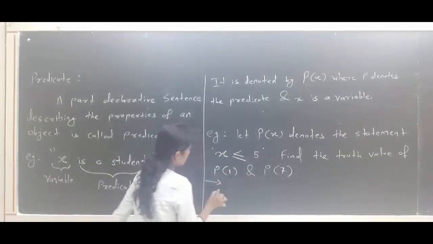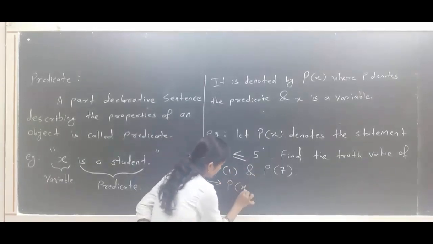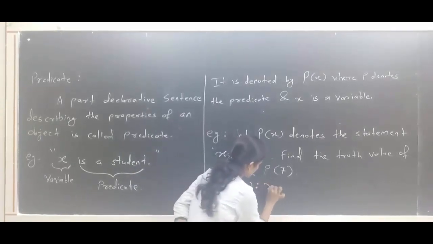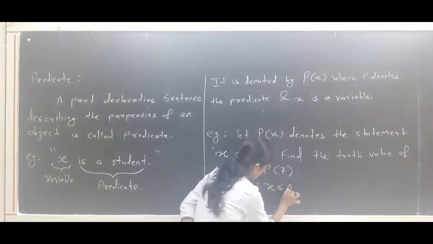First of all, write down the given thing. Predicate P of X denotes X is less than or equal to 5.